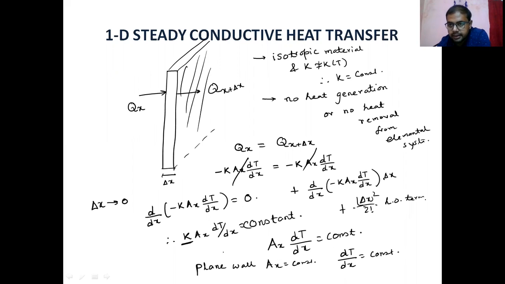Individually K is constant by assumption. For the plane wall Ax is constant, so dT/dx is also constant. So the temperature variation is a linear variation. If you integrate the constant C1, it will come Cx plus C2. So the temperature variation is linear.